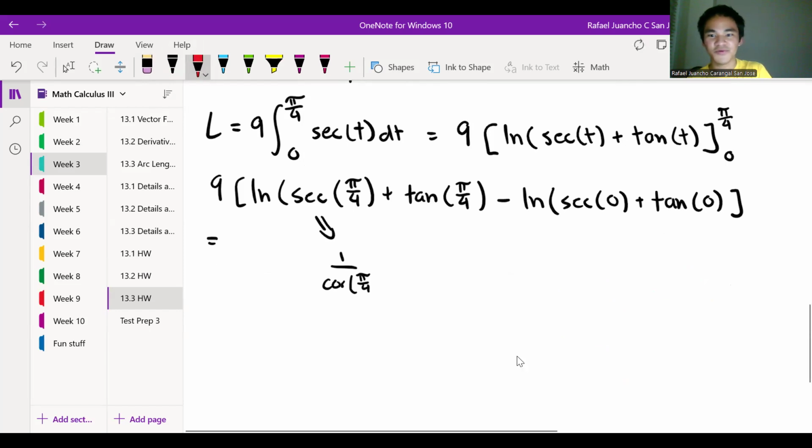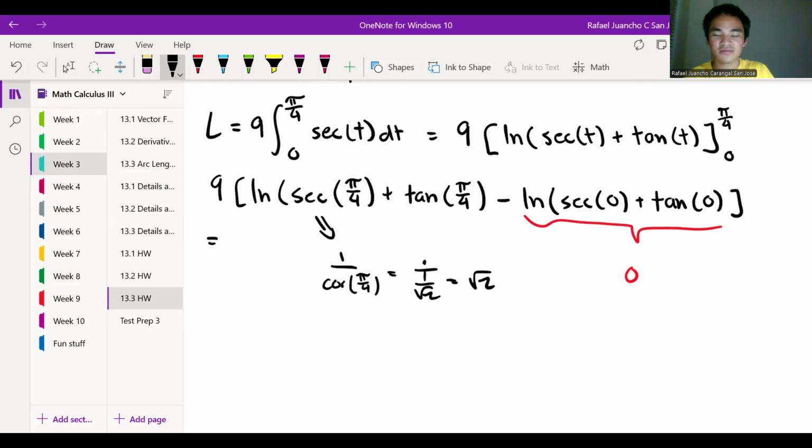Okay, I'm just trying to do it without having to evaluate everything. This one, secant of pi fourth. I get cosine pi fourth, which I don't know. So I'm quickly gonna look at the trig table, which I probably should have in my notes as well. Cosine of pi fourth is 1 over square root of 2. Oops, my bad. Yeah, so this is 1 over square root of 2.